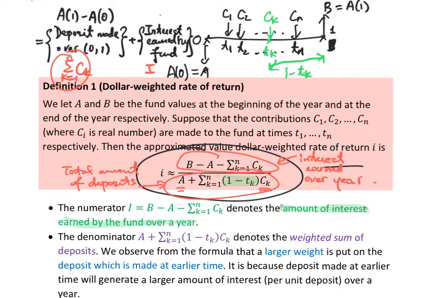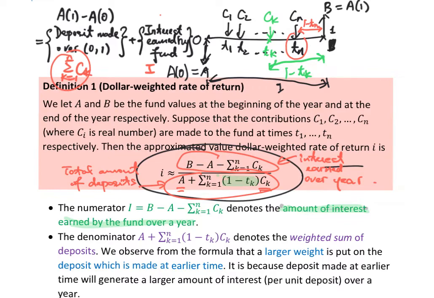In particular, let's say the A, you invest at time 0, and because it stays in the account for the entire 1 year, then definitely it should earn a lot of interest. But if you consider another extreme, like the last deposit CN that you make at time TN, it stays in the account for only 1 minus TN years, and definitely we expect the interest earned by this deposit will be less.